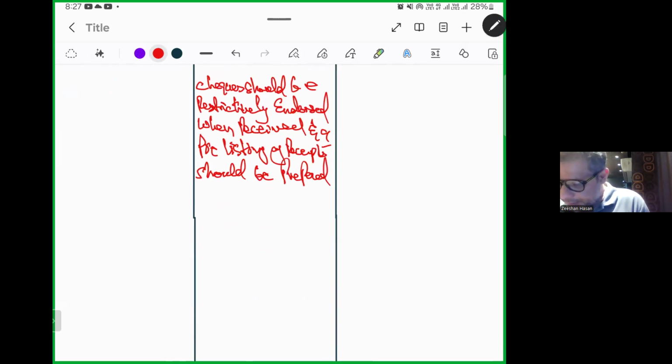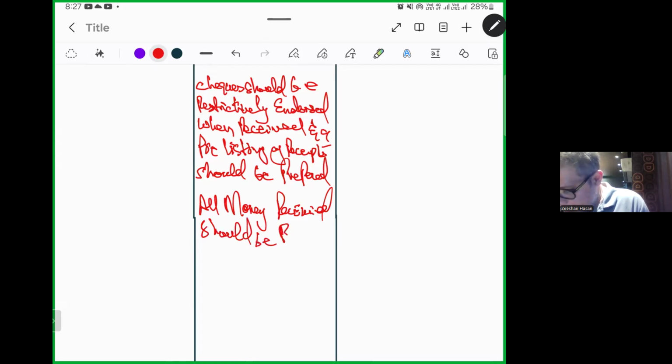All money receipts should be banked on same day.